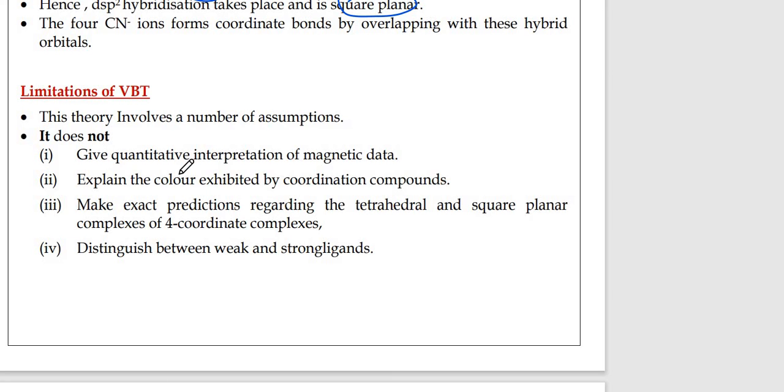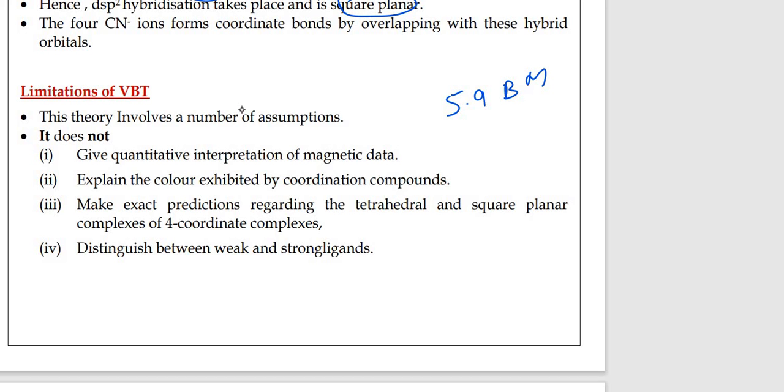Second, it does not give the quantitative interpretation of magnetic data. Though it is telling that it will be paramagnetic or diamagnetic, it was not telling how much. But let me tell you, I told you approximately 1.2 BM per electron. Suppose a question is there in your NCERT: the spin only magnetic moment of MnBr4 2 minus is 5.9 BM, tell the geometry of the complex.